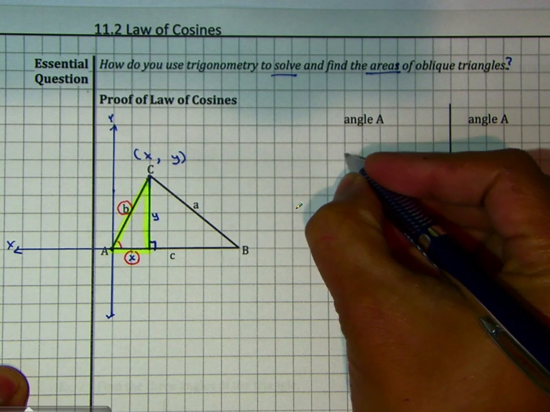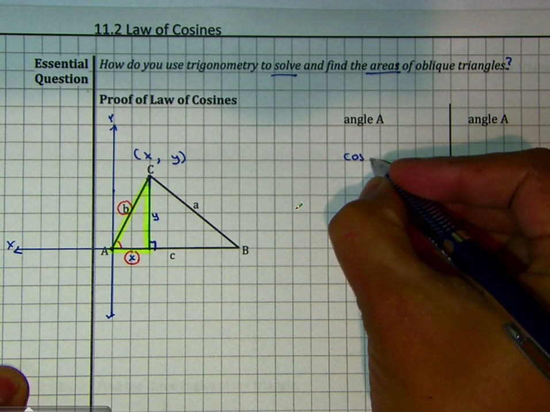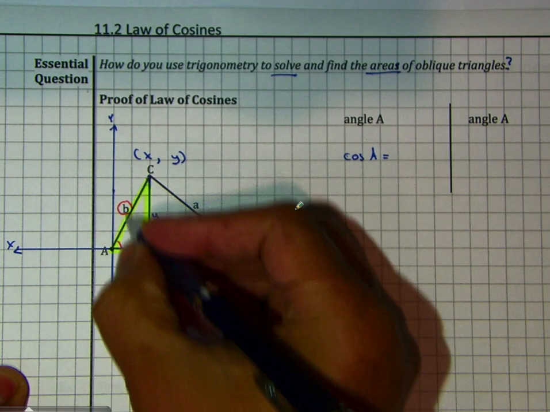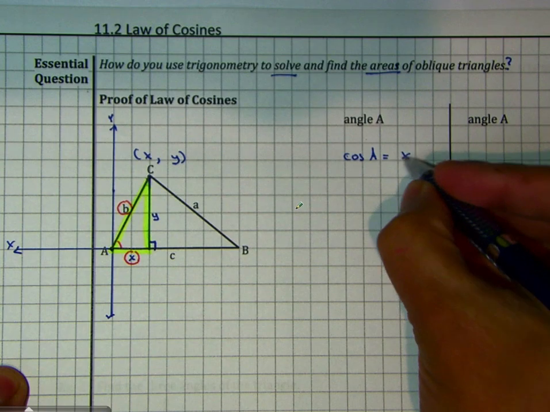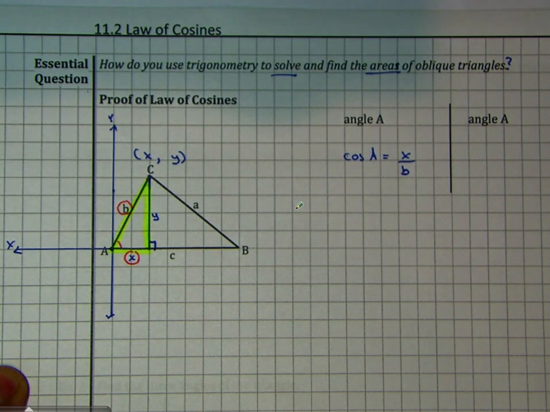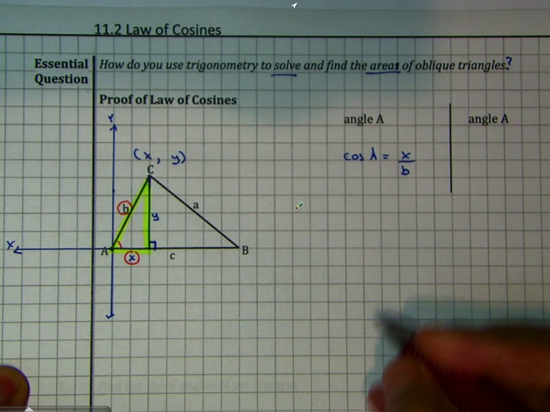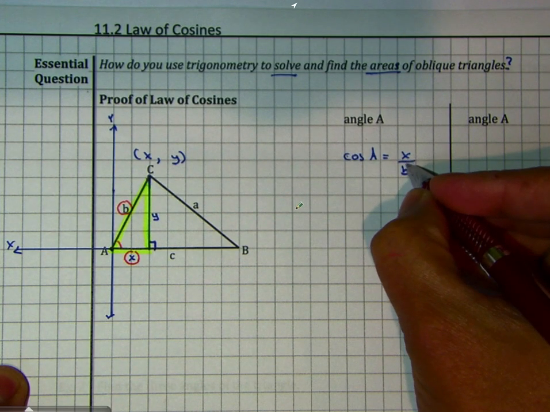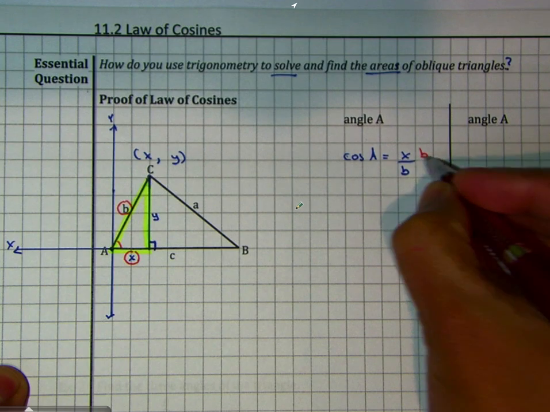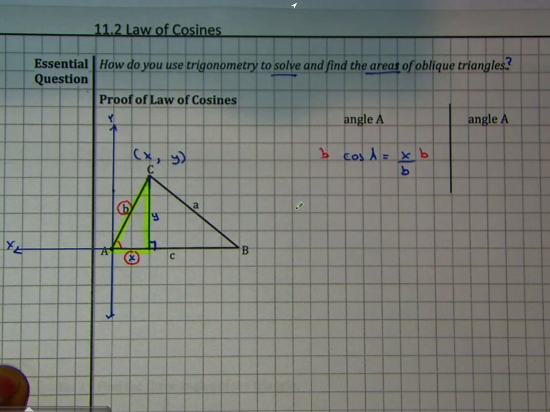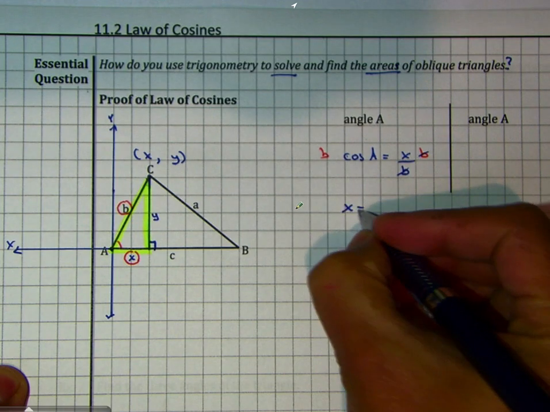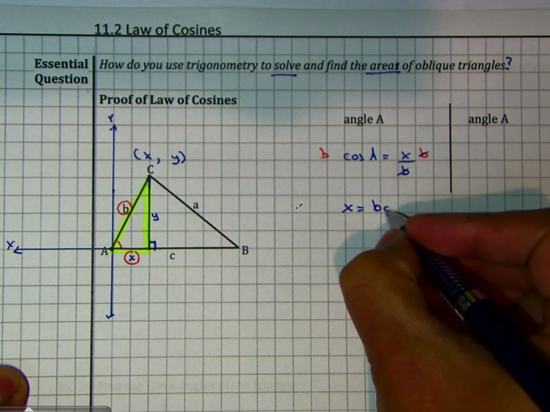So the cosine of angle A is equal to adjacent over hypotenuse, so x over b. We're going to solve for x, so we're going to multiply both sides by b. The b's cancel, so it gives us x equals b cosine of A.